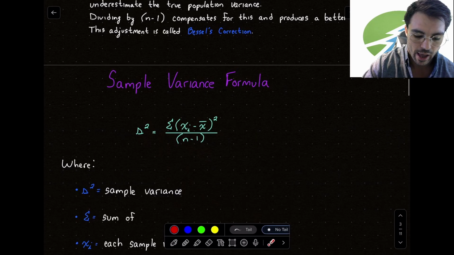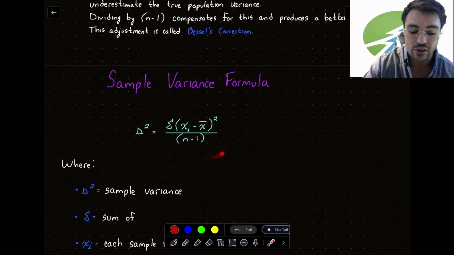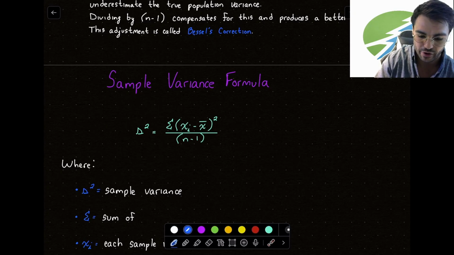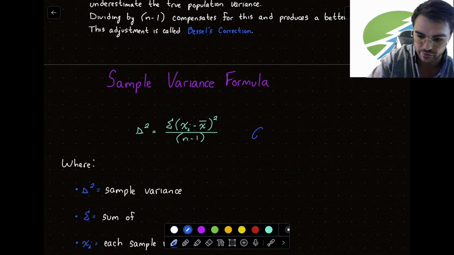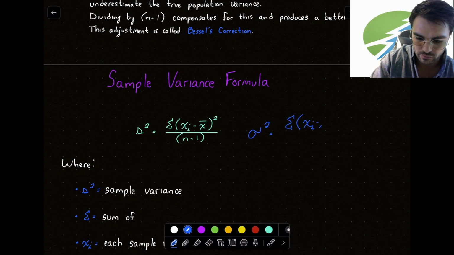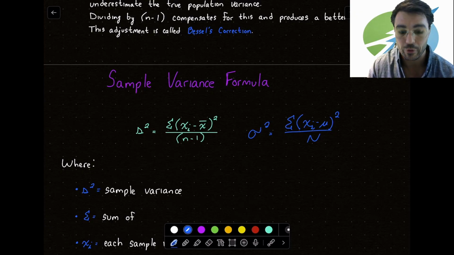Okay, and here's our formula. You can see it's almost exactly the same as population variance. Population variance looks like this. Oops, let's fix that. There we go. That's our equation for population variance.